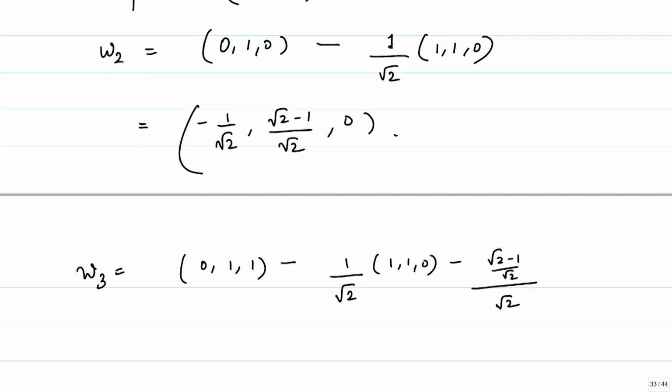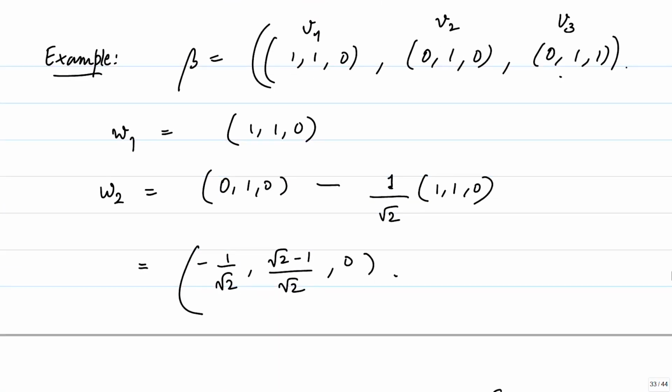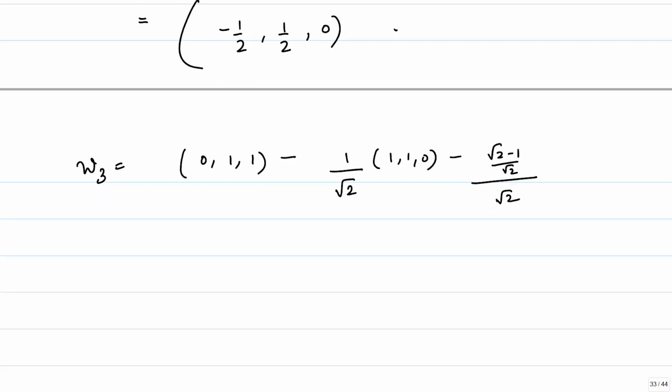Yes, I am making a mistake, because this cannot be root 2, this would have been 2. So it is the norm of W1 squared. I have got our W2 wrong, so I am sorry, let me correct it. This is going to be minus half, half, 0. Okay, that is our W2.